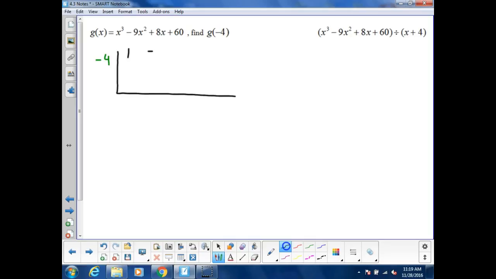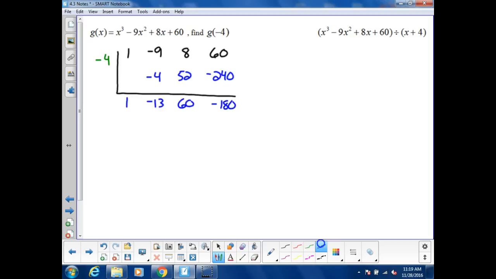One x cubed minus 9x squared plus 8x plus 60. Got to make sure we have all of our placeholders still involved. 1, negative 4 gets me negative 13. Positive 52 gets me 60. Negative 240 gets me negative 180.